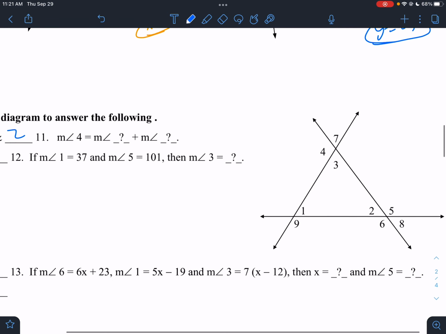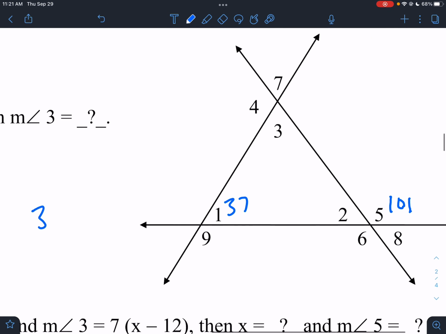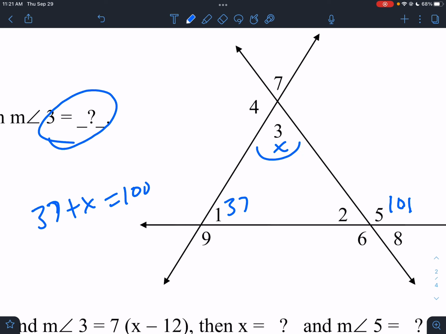What if the measure of angle 1 is 37? Angle 5 is 101. What would be angle 3? Well, we know that 37, we're looking for 3, I'm going to call it X, plus angle 3 has to equal 101. That is remote plus remote equals E. This is the exterior angle over there.